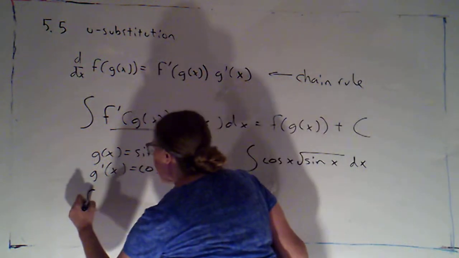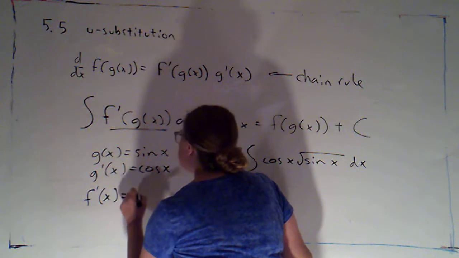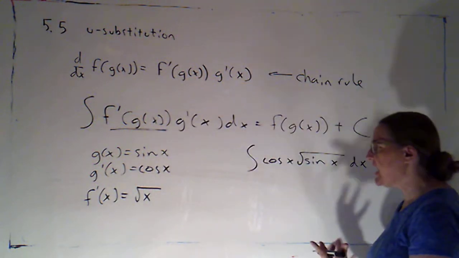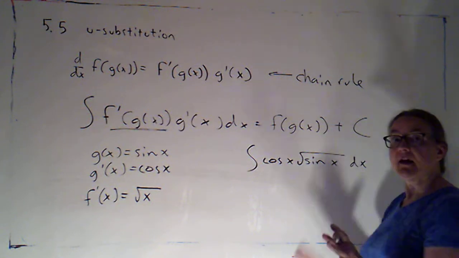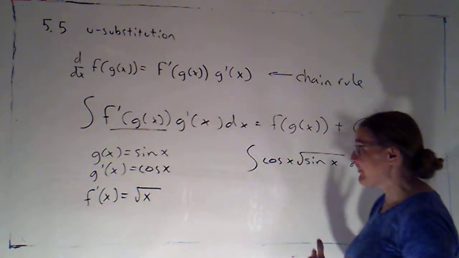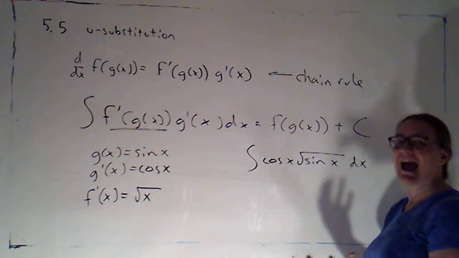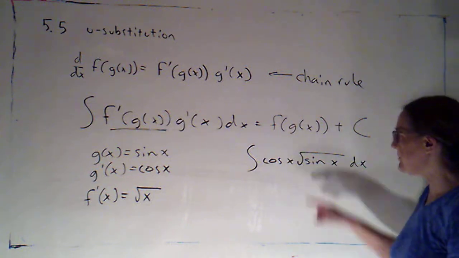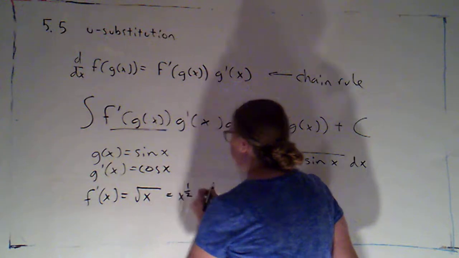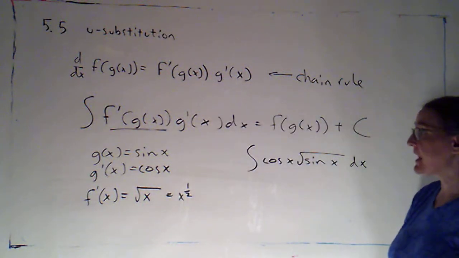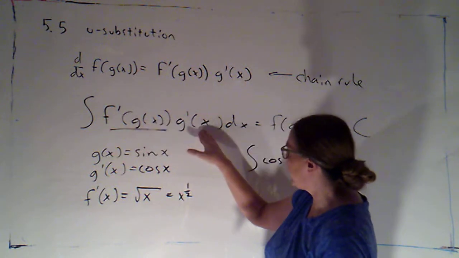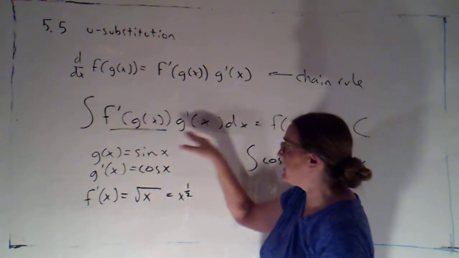So it looks like f prime of x is the square root function. That's the function that I'm plugging sine into. Notice f prime is not the square root of sine of x. That would be f prime evaluated at sine of x. f prime is just that square root function, which I could write as x to the 1/2. So I've sort of figured out what f prime and g prime all are to make this match.